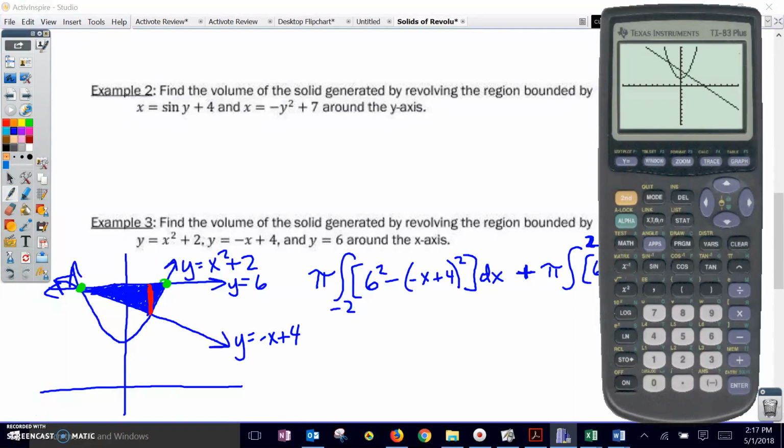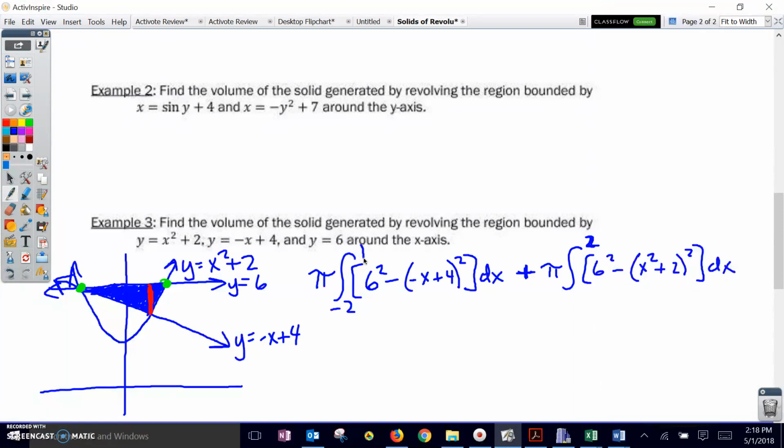And we want the right-hand intersection point here. So I'm going to use my intersect command. First curve, second curve. Set my guess out here to the right of that. And hey, how about that? They intersect at x equals 1. That was kind of nice. I probably could have and should have done that by hand. So we'll put that intersection point in there.